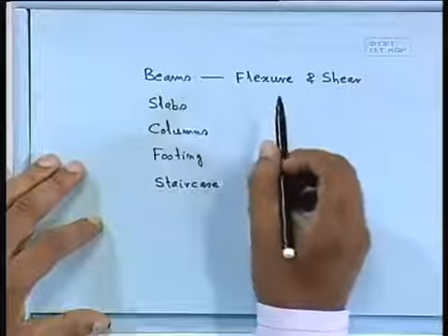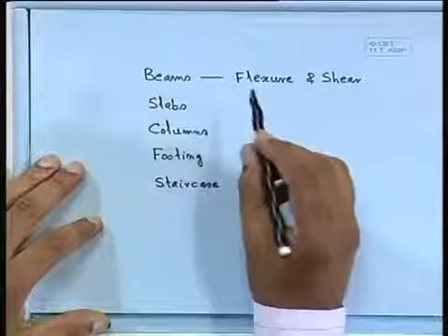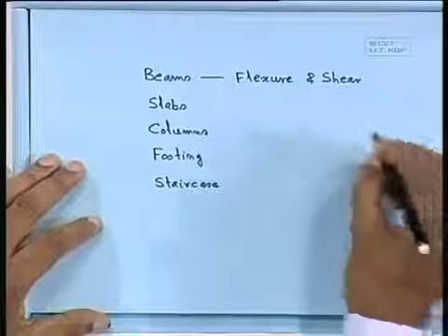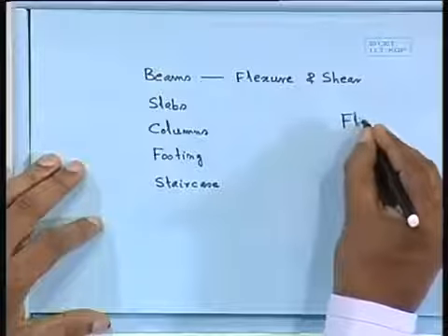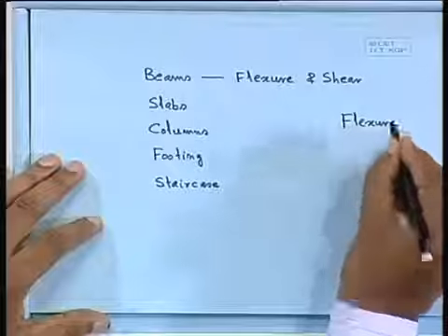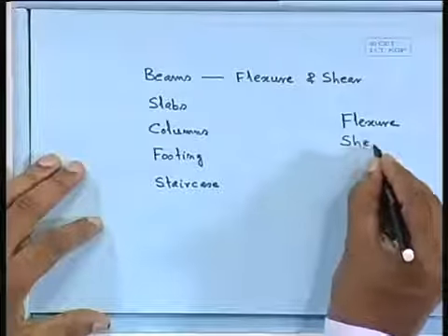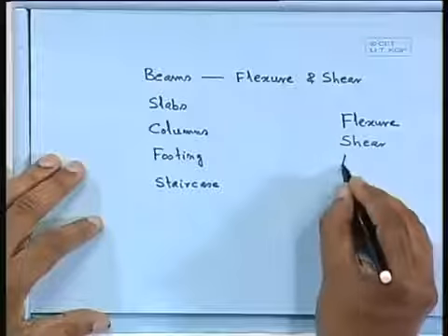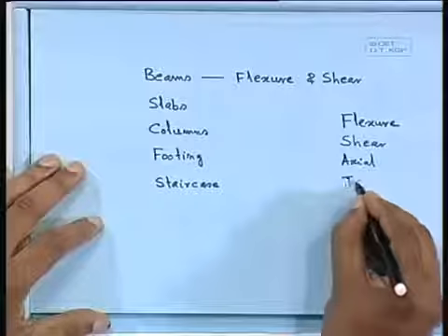We can have axial also, we can have torsion also, that we shall consider. So what are the basic 4 components? One is flexure, then we have shear, axial, and then we have torsion.